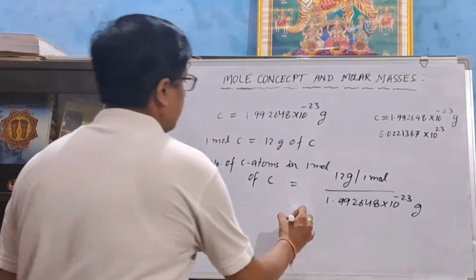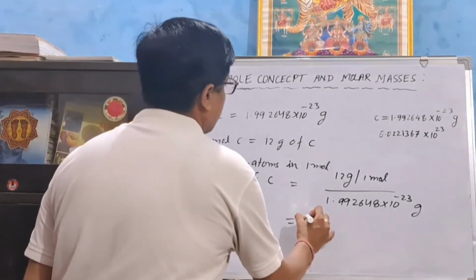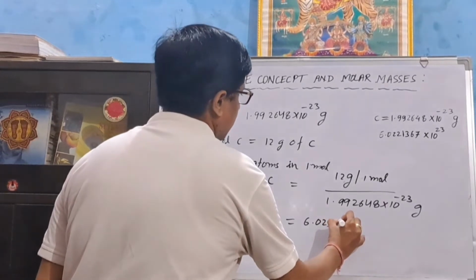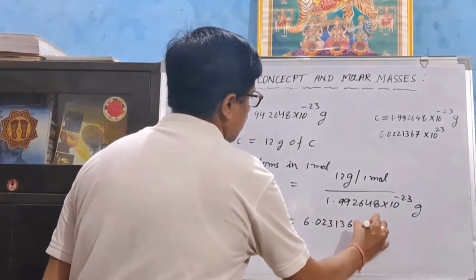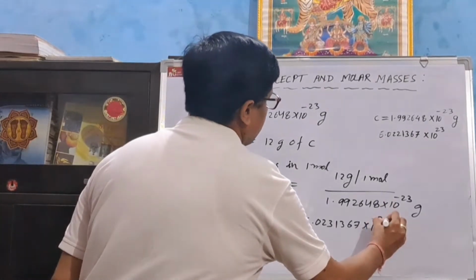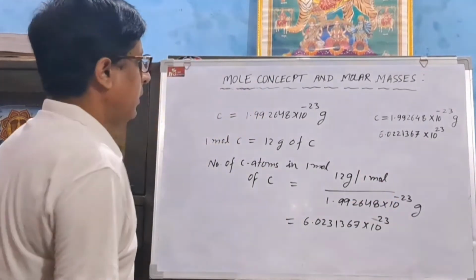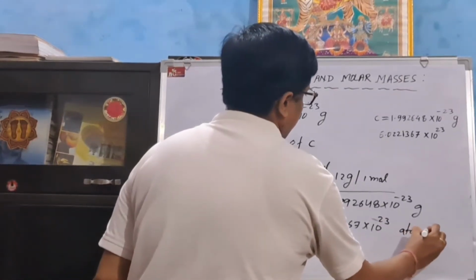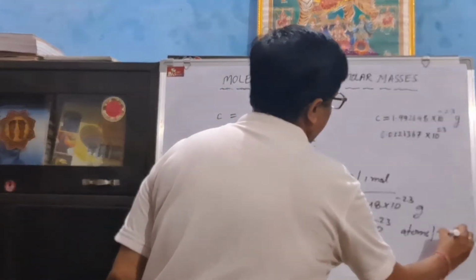After simplification, this comes out equal to 6.0231367 × 10^23 atoms per mole.